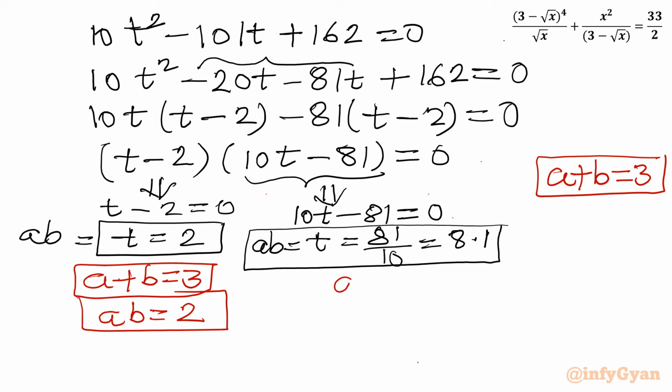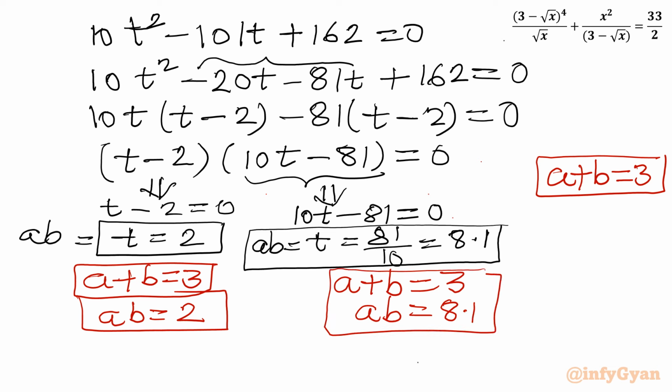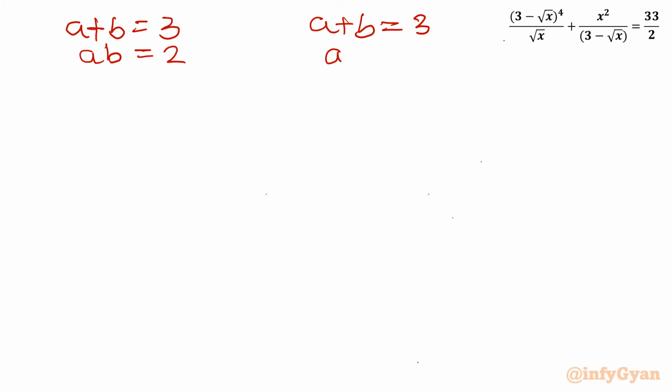And the second system I will write from this value of AB: A plus B is 3, AB is equal to 8.1. Let us solve both one by one.